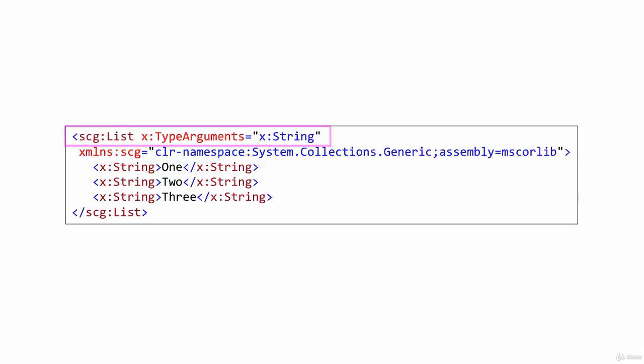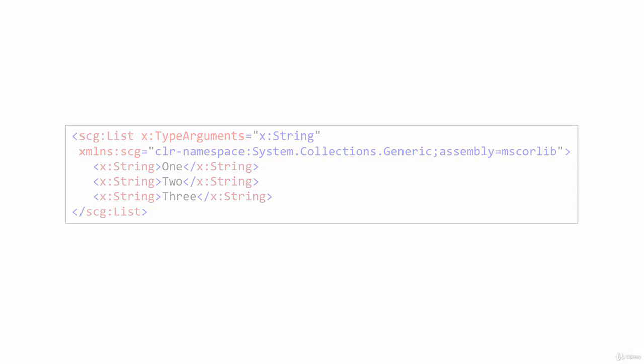Second, notice the string is defined as x:String. This is also part of the XAML 2009 spec, which defines all basic intrinsic types in the XAML x namespace. You can, of course, also create strings by defining a custom namespace against System and Microsoft Core Library. This is exactly what we must do on most of the Microsoft platforms, but with this support, it's not necessary.